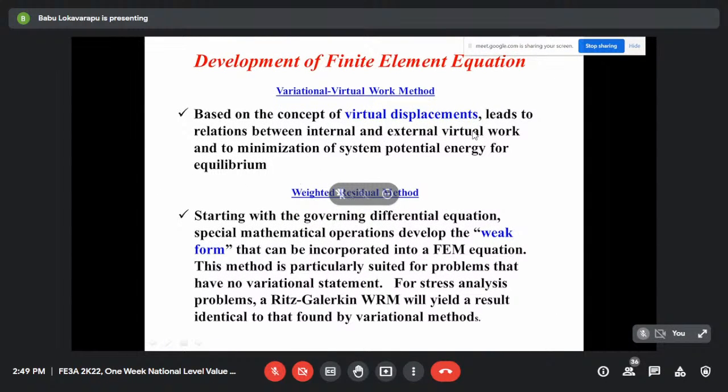So here in this method, you're going to get some error. Then that is multiplied with the weight function and integrated over the domain and equated to 0. And that is how we implement the weighted residual. Here we have different methods like the collocation method, least squares method, and the Galerkin technique. You can use these techniques.